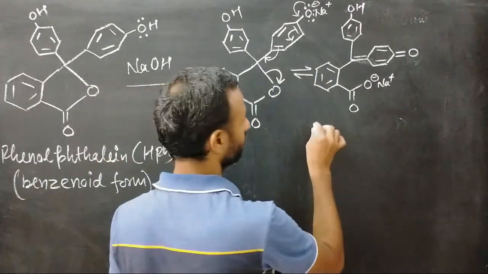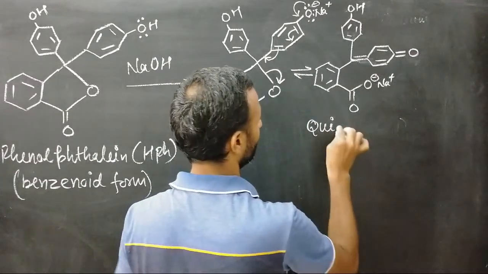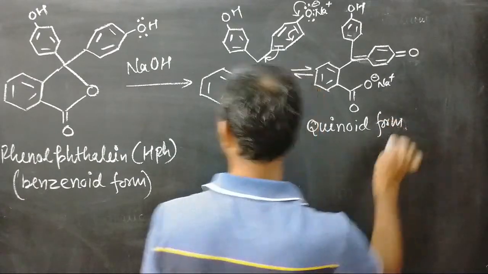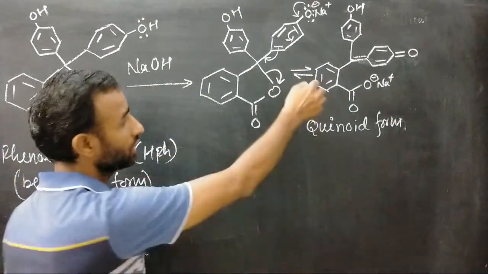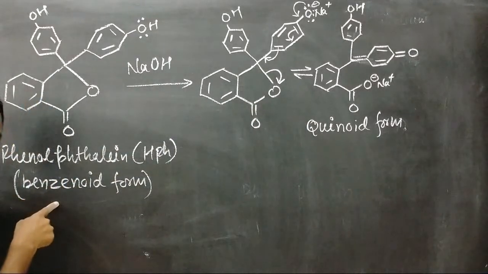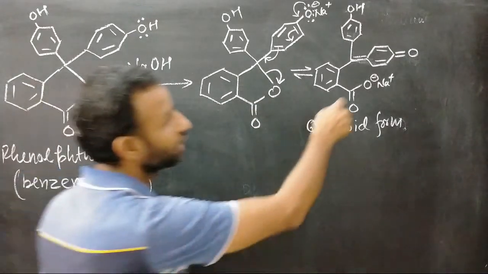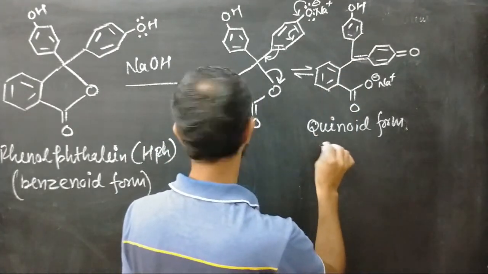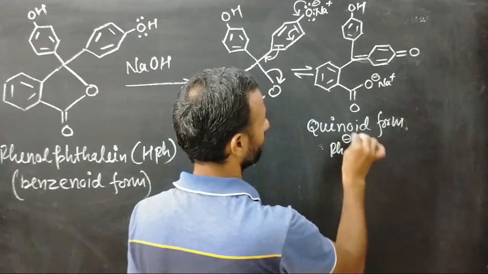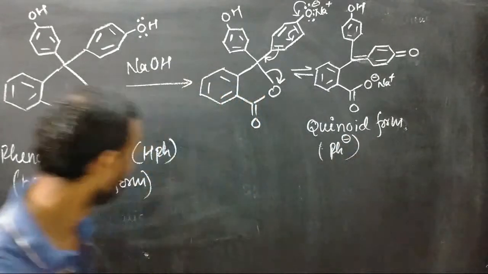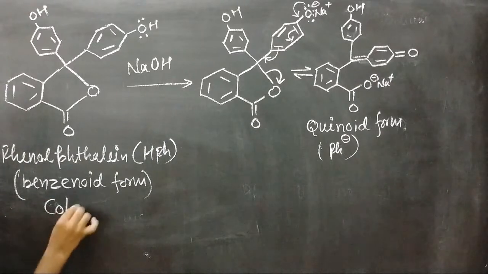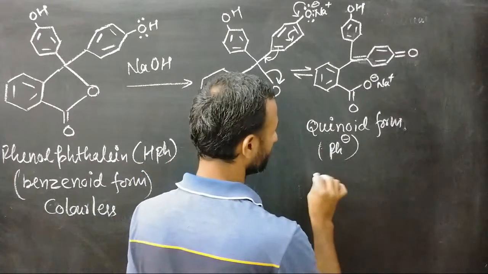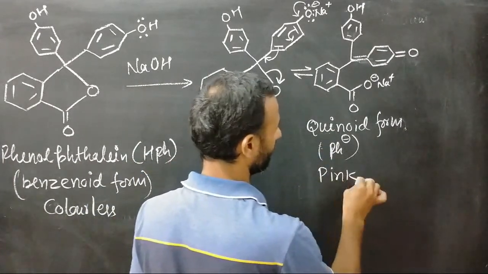This is the quinonoid form of phenolphthalein, and it is represented as Ph negative. This is the benzenoid form and this is the quinonoid form. Okay, and this benzenoid form is colorless and this quinonoid form is pink in color.